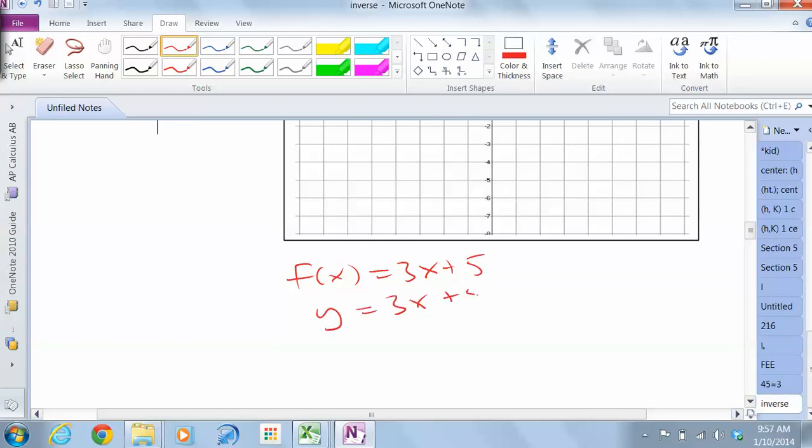So we used a table in the last problem. We made x and y values, switched them, graphed it, and we noticed that y equals x went right through between those two things.